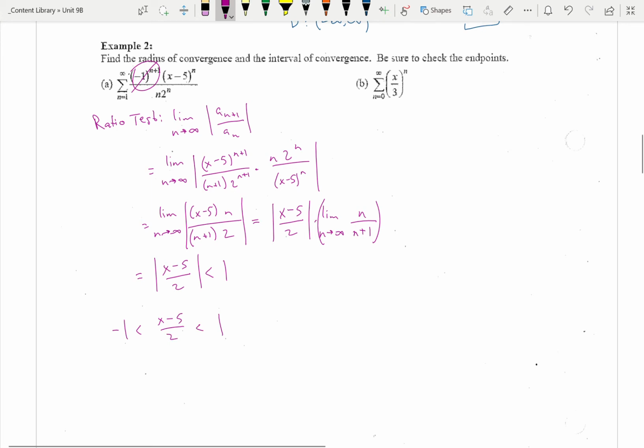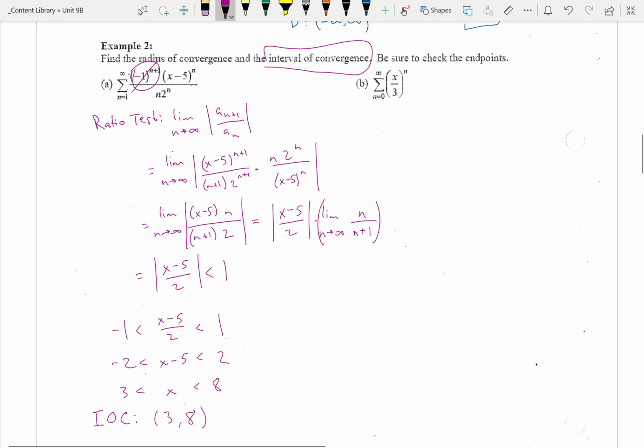So multiply both sides by 2. We'll add 5 to both sides. And we get the interval of convergence. The interval of convergence, the IOC, is 3 to 8.